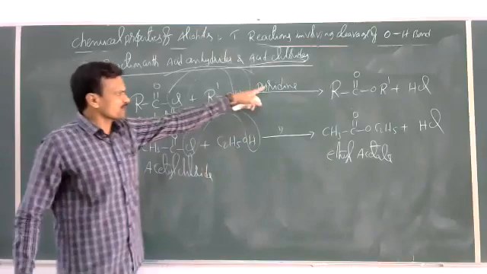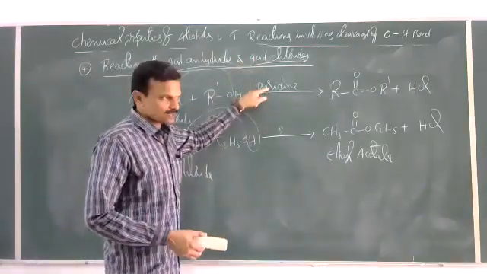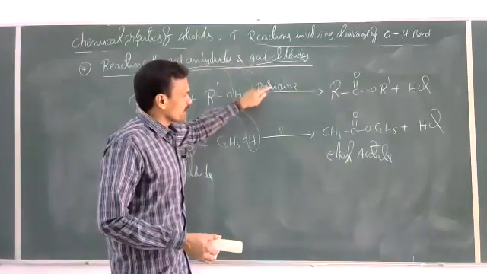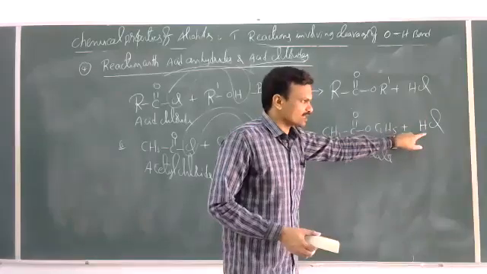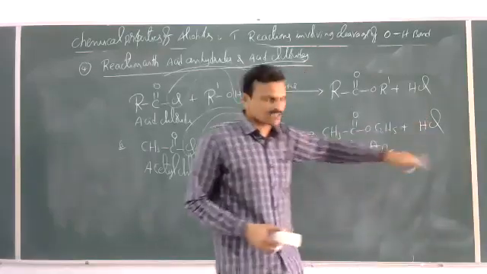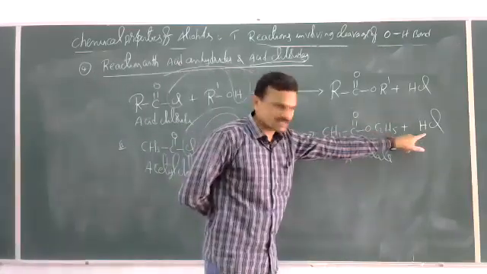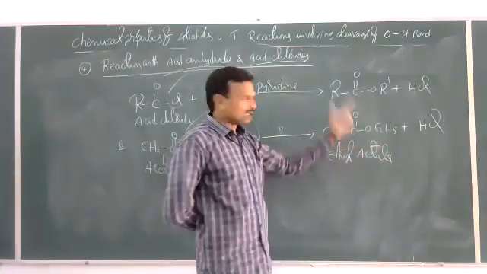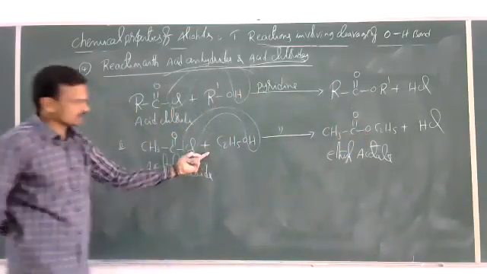Then what is the role of this pyridine? Actually here pyridine is a base. This pyridine base can combine with the HCl formed in the reaction. The HCl formed in the reaction is neutralized by reacting with pyridine. Otherwise, in the presence of acids, the ester formed here undergoes hydrolysis readily to give back the reactants only.